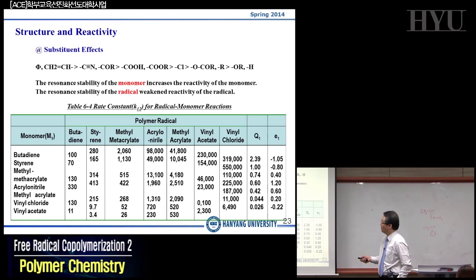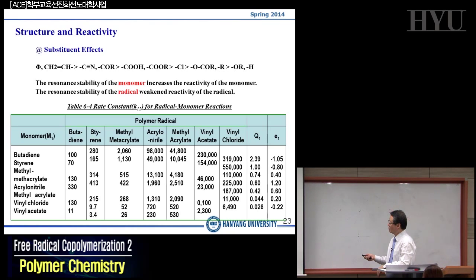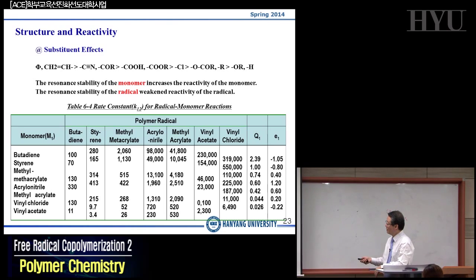Whereas this number increases from left to right rather than right to left. In other words, those radicals having the resonance stabilized structure, in this case the butadiene and styrene radicals, always have lower k12 numbers than those radicals which do not have any resonance stabilization, right?